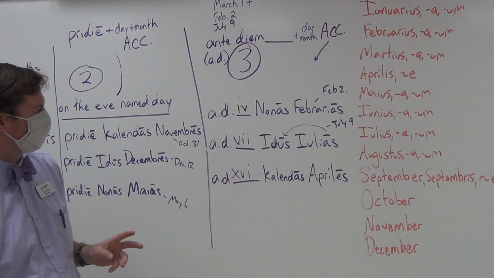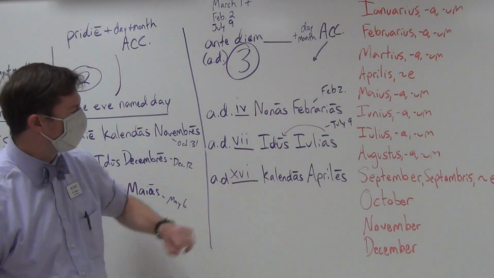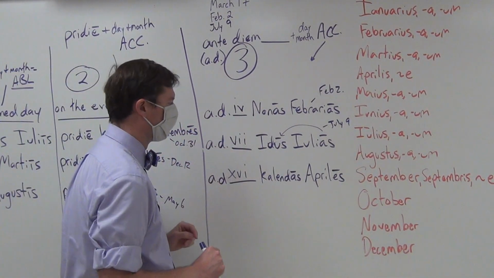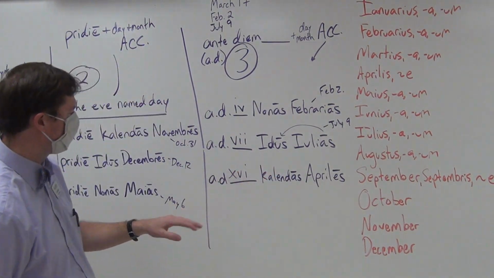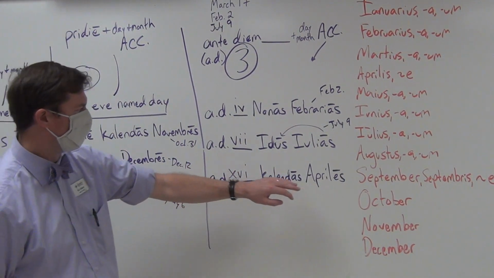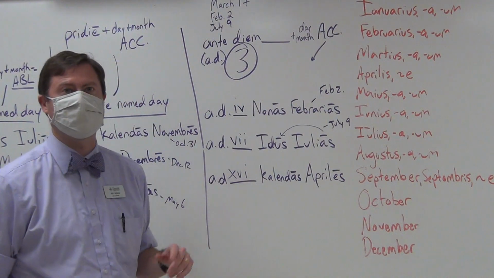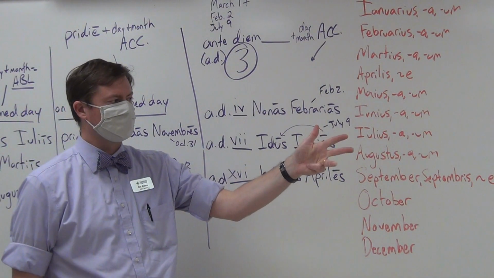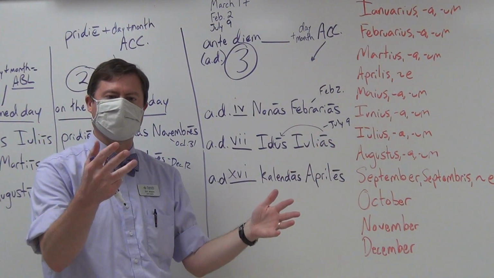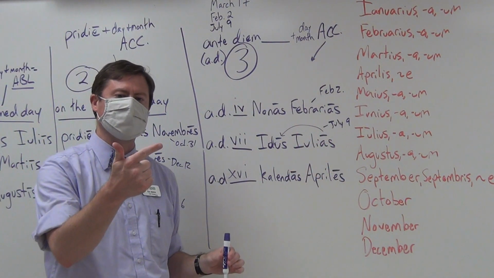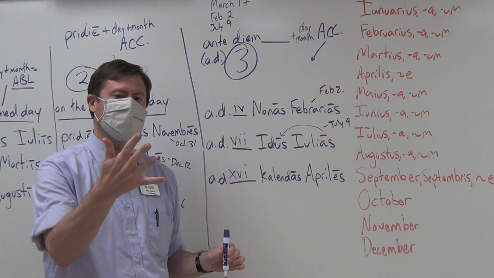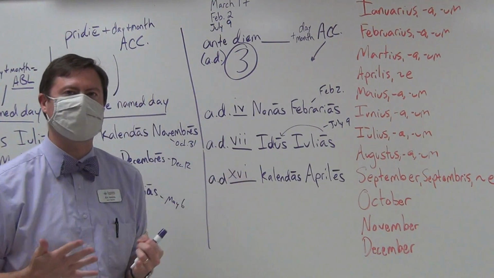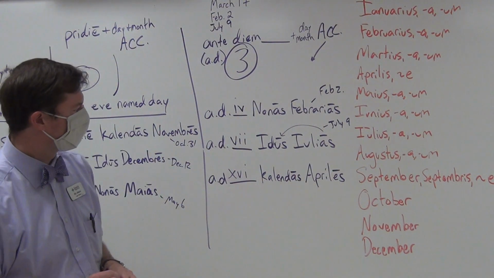And in that way, obviously, the expression of the Romans can be converted from our expression to theirs and then backward. Because when I look at this and I say the 16th day before the April Kalends, you simply count 16 back from April 1st. The 1st, 31st, 30th, 29, 28, 27, 26, 25, 24, 23, 22, 21, 20, 19, 18, 17. Do you see how that is then the 16th day before the April Kalends?